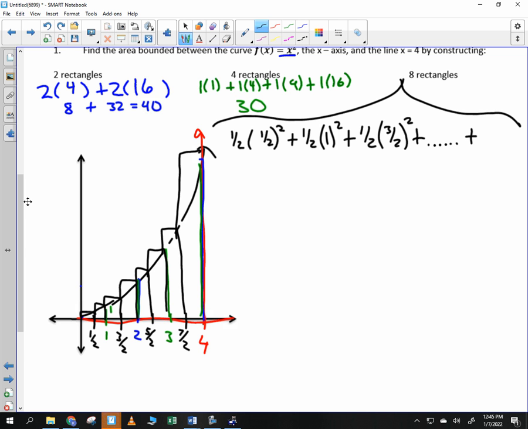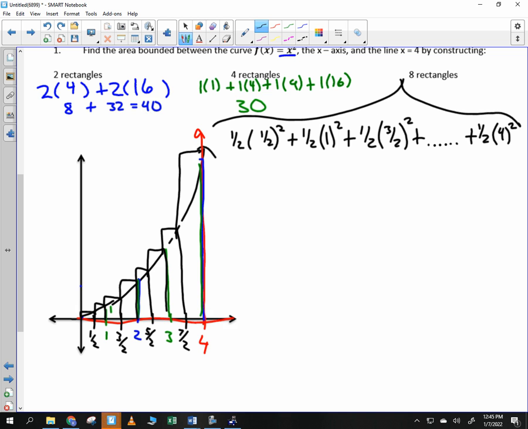everybody agree I'm going to continue to do that? What's the last thing I'm going to do? What's the last rectangle? 1/2 times 4 squared. So let's make this simpler. True or false? All the widths are the same. True. True or false? All the heights are the same. False. So let's factor the width out.